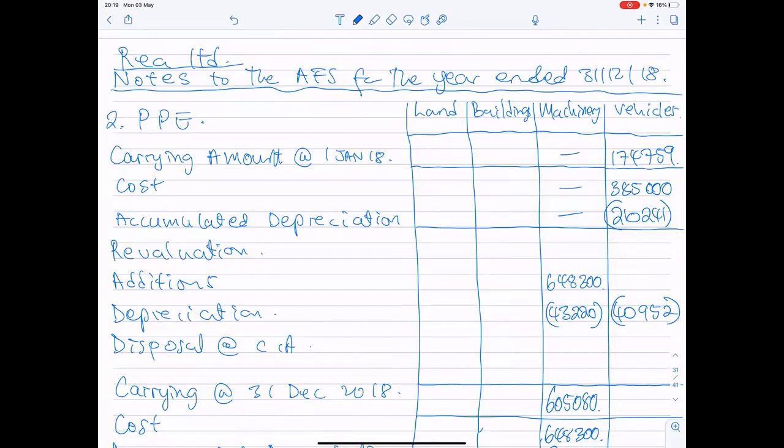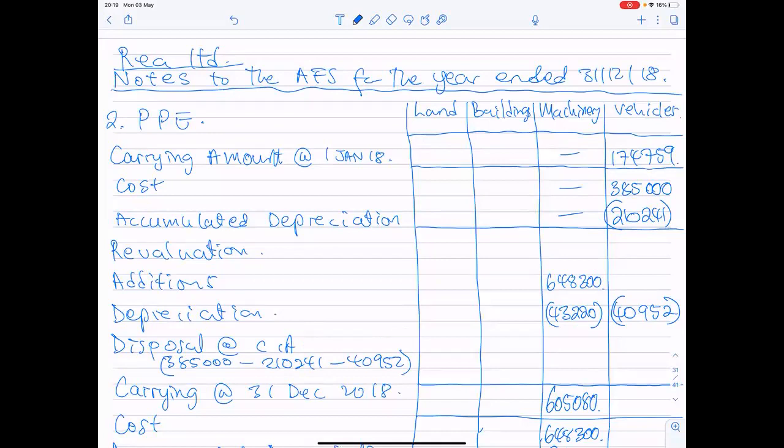You remove it at what? Carrying amount. And carrying amount is your cost minus your accumulated what? Depreciation. So in this case, our cost is 385,000. You take out the accumulated depreciation of 210,241. You also take out the depreciation in the current year of 49,552.